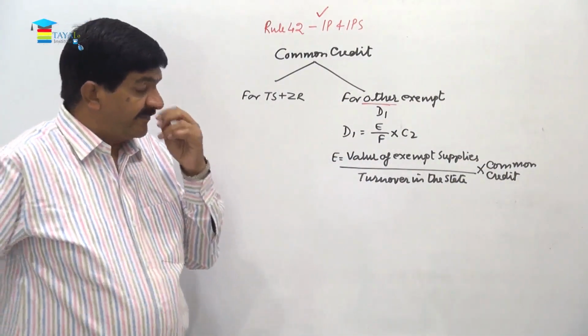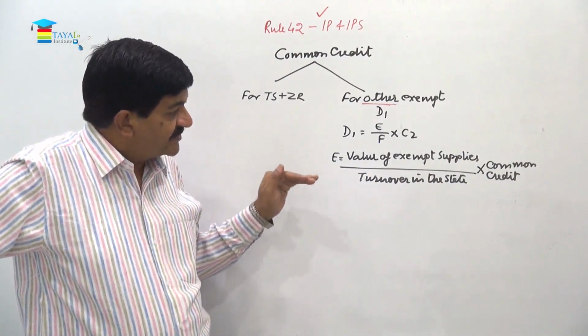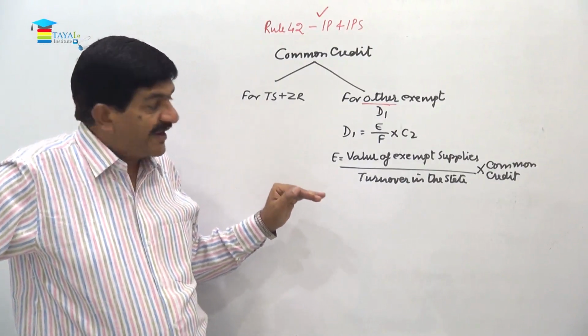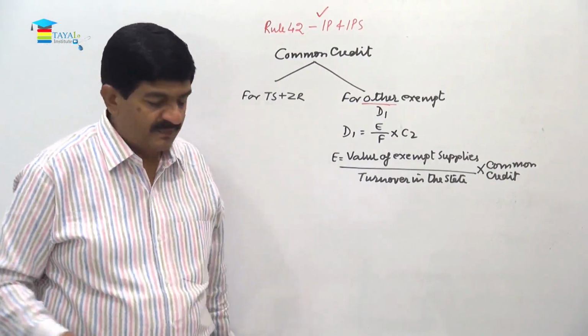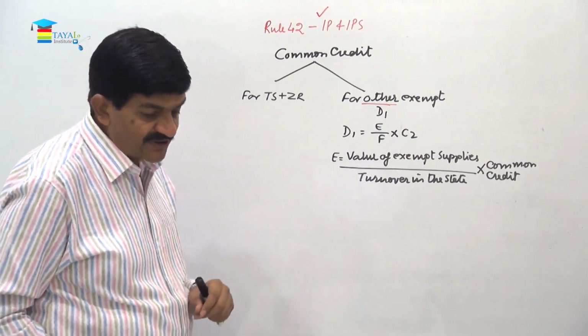So this way we will find the proportion of the credit, common credit, which is used in relation to exempt supplies. Right, so here we have value of exempt supplies divided by total turnover in the state.